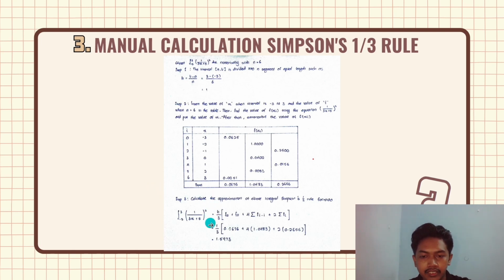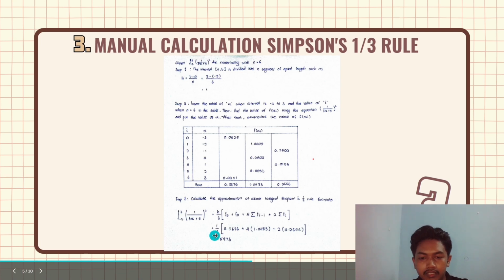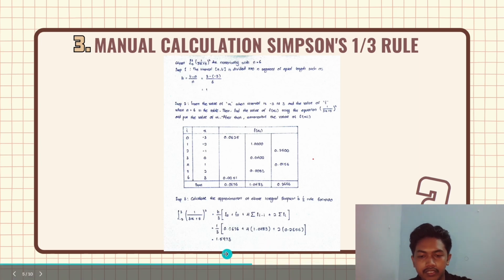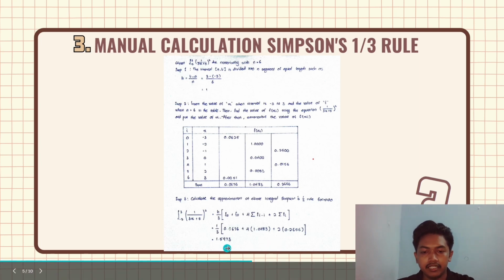The formula is h/3 times bracket f0 plus fn plus 4 times the sum of odd fi plus 2 times the sum of even fi. So we put in all the numbers. For h equals to 1/3, bracket 0.0676 plus 4 times 1.0483 plus 2 times 0.2653, and from that we got the answer that we want, which is 1.5973. That's all from me.